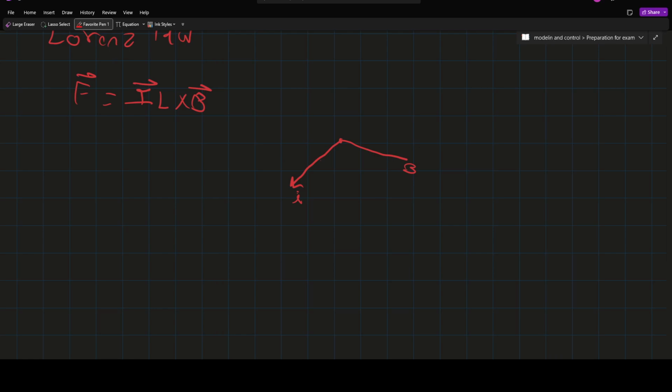Now we always try to go from the shortest route. So if we go from I to B, because that's how we are doing the cross A B, and we are going anti-clockwise, the result is gonna be positive. And the other way around, if this I were going like this, the result will be negative.